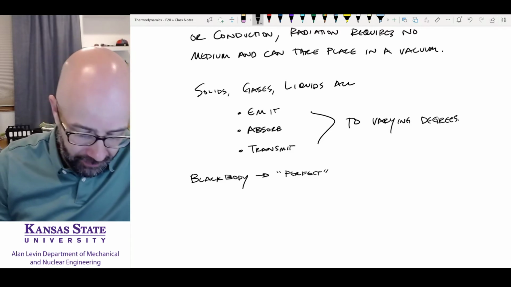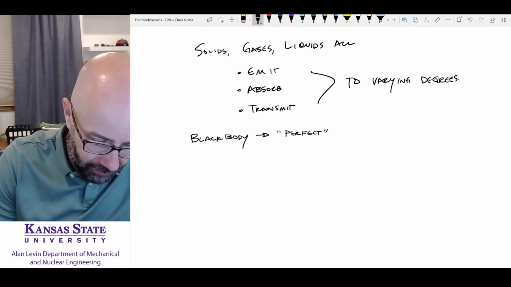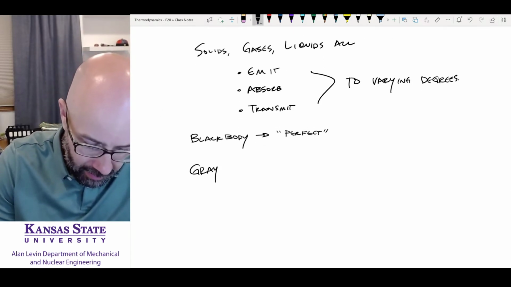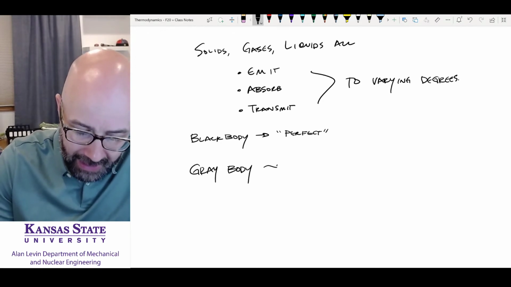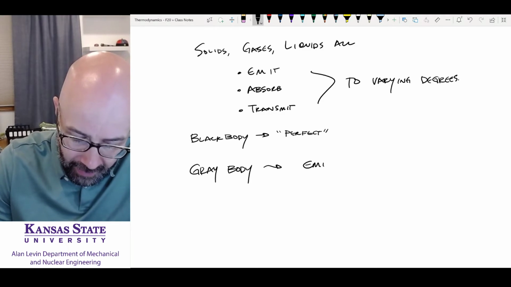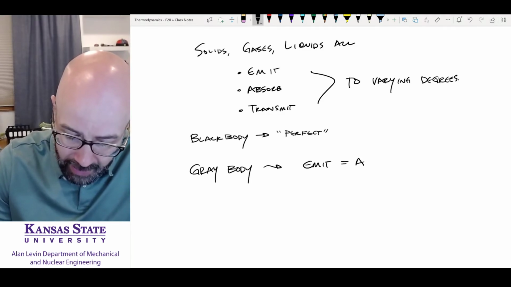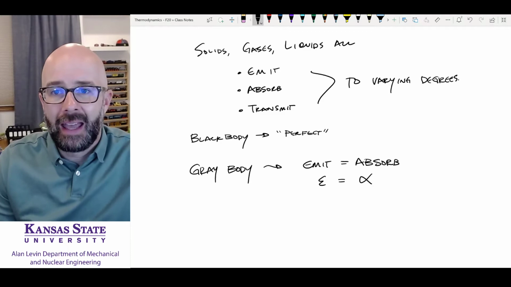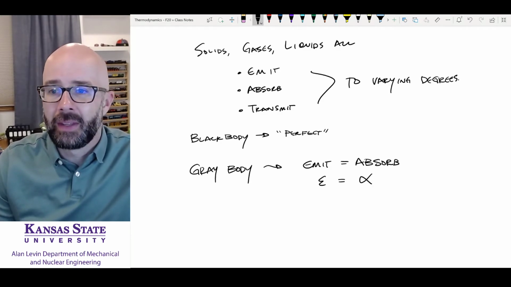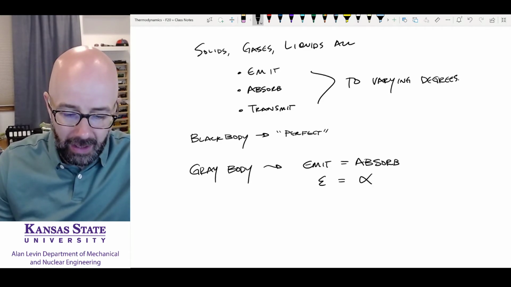a gray body. And what it's saying with the gray body is that its emission equals its absorption. So we're going to say epsilon equals alpha. Epsilon is emission, absorption is going to be alpha.